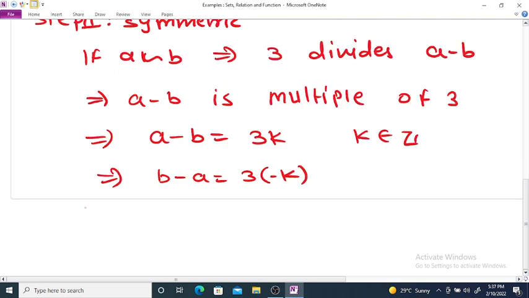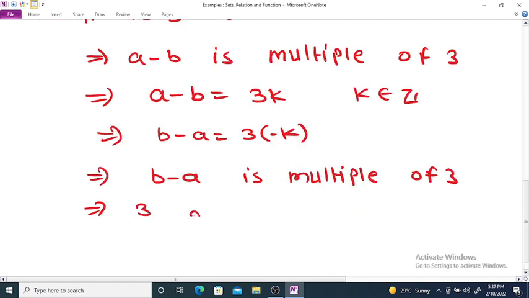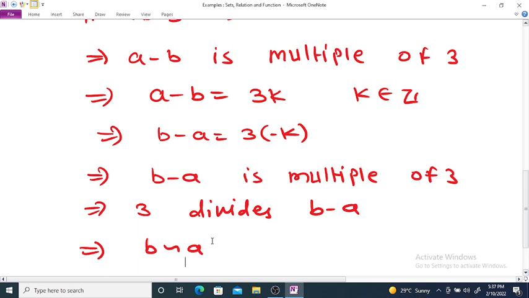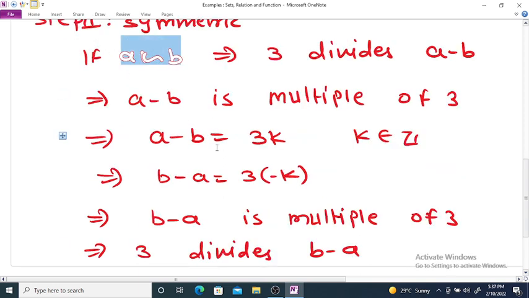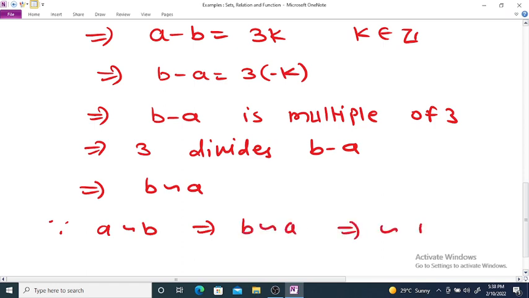This implies B minus A is a multiple of 3, so 3 divides B minus A, and this implies B is related to A. So if A is related to B, then B is also related to A, and therefore the given relation is symmetric.